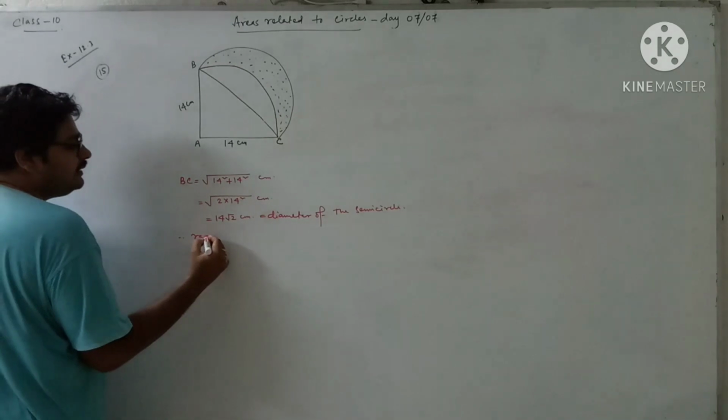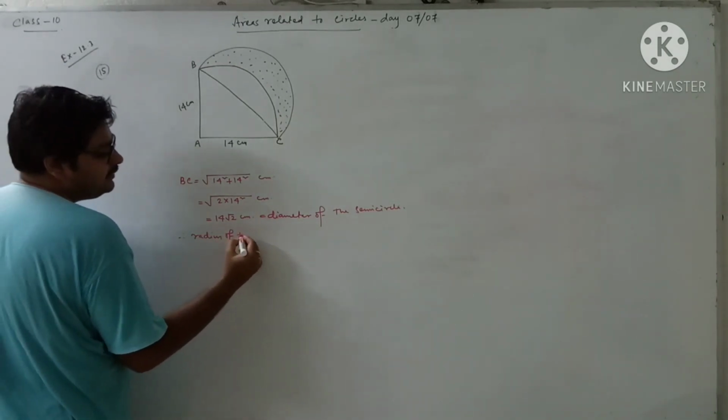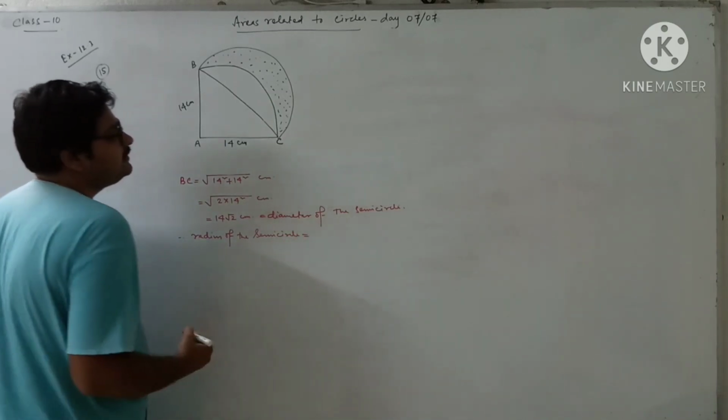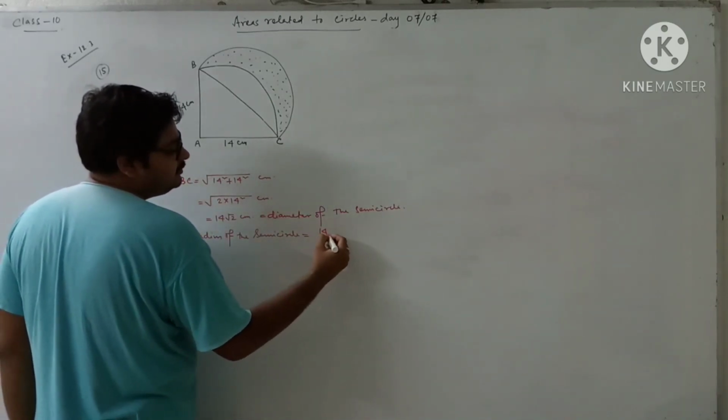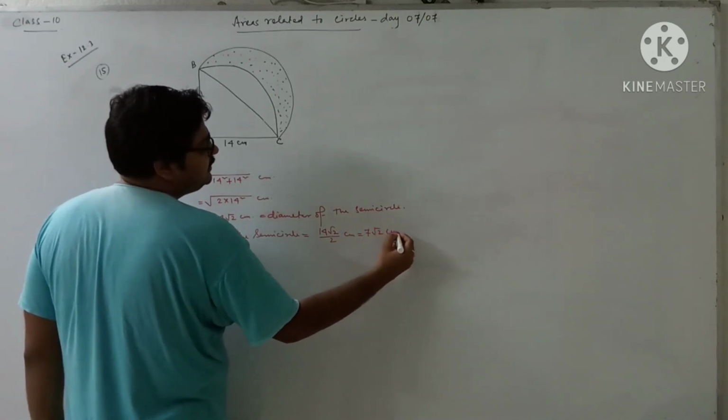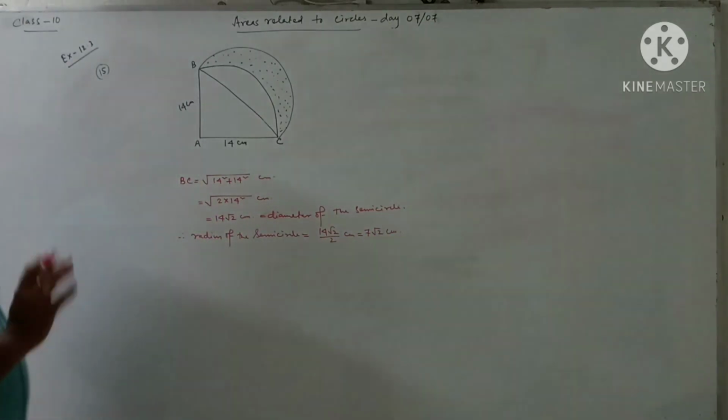Therefore, the radius of the semicircle will be diameter by 2. This is 20 root 2 centimeter. So we got the radius of the semicircle.